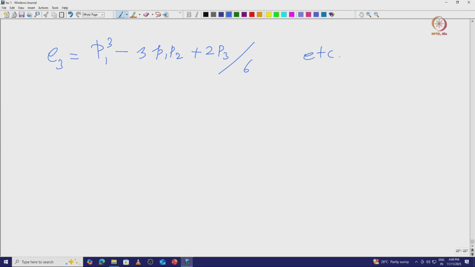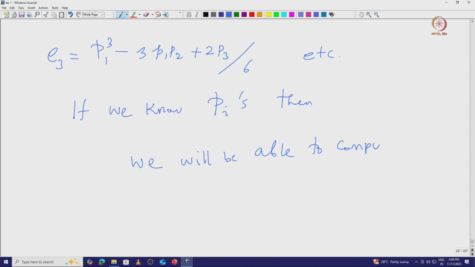So, if we know the P i's, then using them we will be able to compute the E i's. But once we compute the E j's, that means we will be able to compute the characteristic polynomial. That means we will be able to compute all the roots of the characteristic polynomial. So, we will be able to compute the action of the diagonalizable matrix.